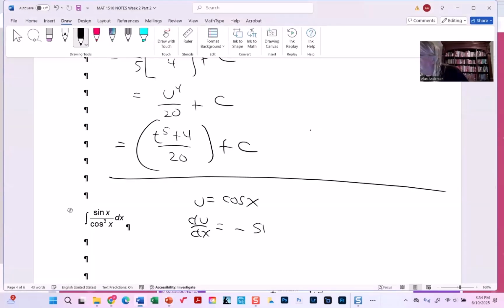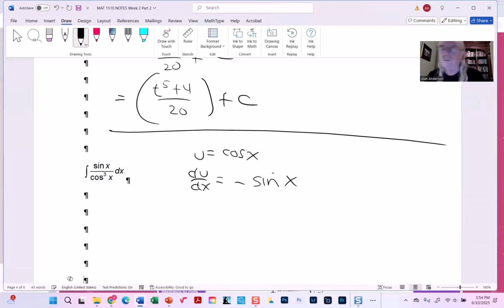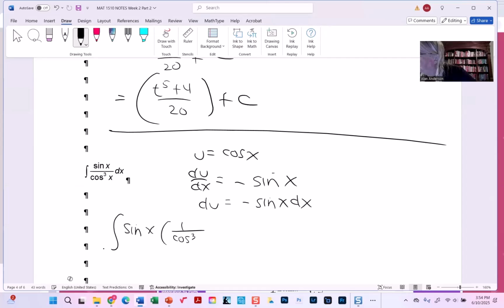Okay. Oh, and by the way, if you notice here, we're missing a negative. Right. So in other words, if you look at this carefully, this could be rewritten as a negative.